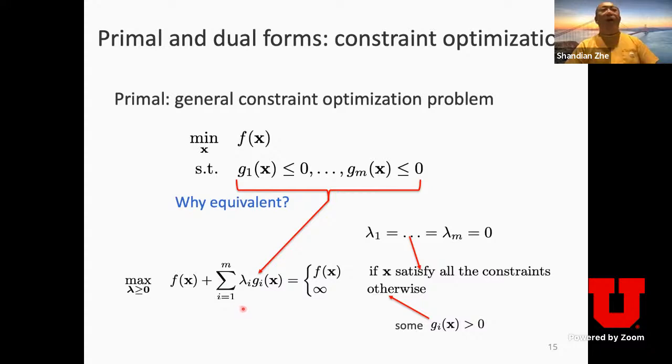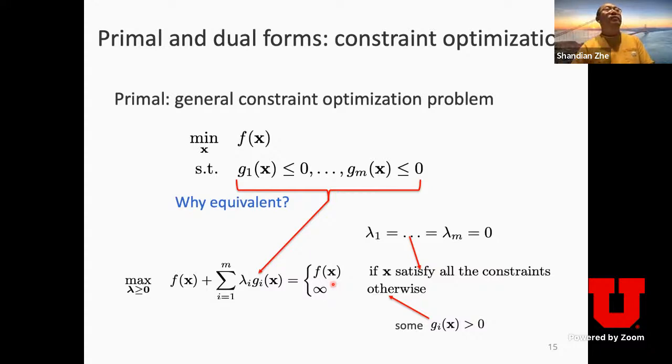I have to set all lambda i's to be 0, right? Otherwise, you're going to subtract some number, you're going to decrease the value. So in this case, the maximum is achieved when you set all lambdas to 0. And all lambdas being 0 basically means these summations are 0, so your maximum value is just f(x).